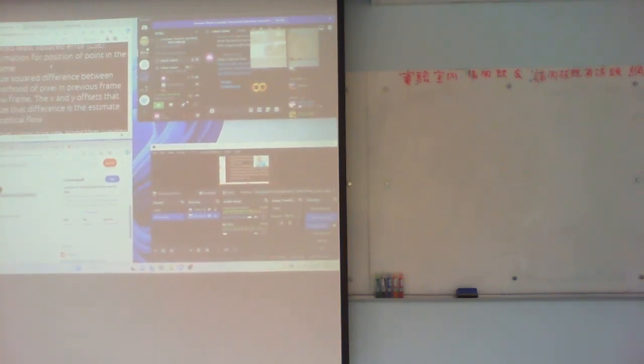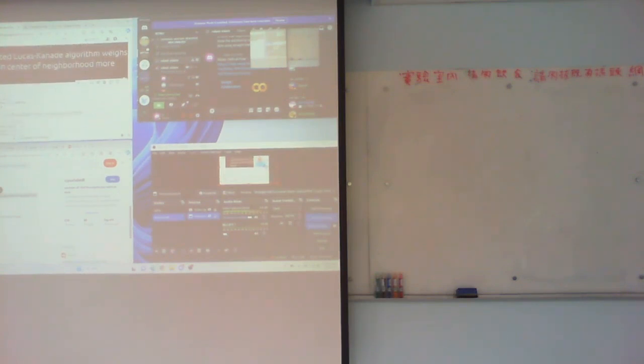So we minimize the square difference between the neighborhood of pixels in the previous frame and the new frame, and we want to get the X and Y offsets that minimize those differences. So we have a patch in the image, and we look for another patch where, if I shift those two, the mean squared error, the least squared error, is minimized.